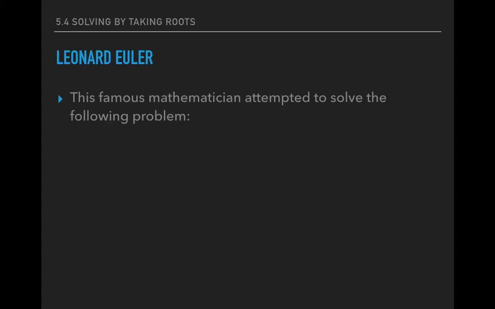Now, there was a gentleman, you've probably heard his name if you've taken geometry, Euler. He was a famous mathematician and he tried to solve this problem: x squared plus 1 equals 0. And he, like you're probably anticipating, subtracted 1 from each side, took the square root of each, so that's the absolute value of x equals the square root of -1.